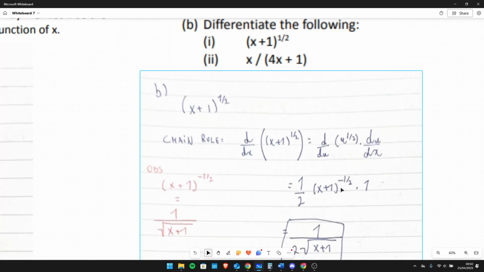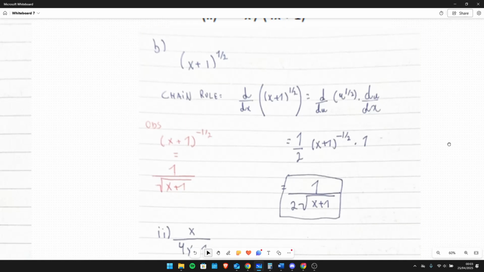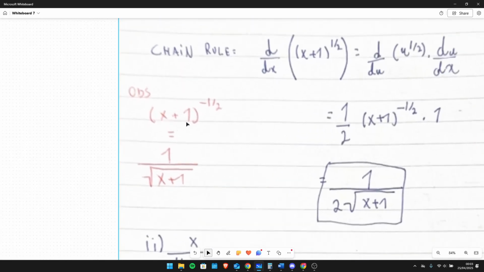So here you have it. I am multiplying with 1 divided by 2, and this (x plus 1) to the power of minus 1 divided by 2. The derivative of x plus 1 is 1, so it keeps 1. This is still 1.